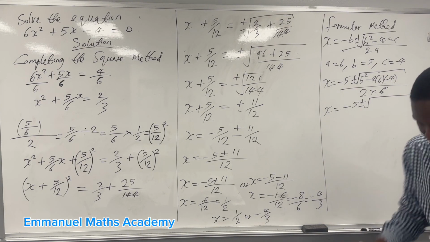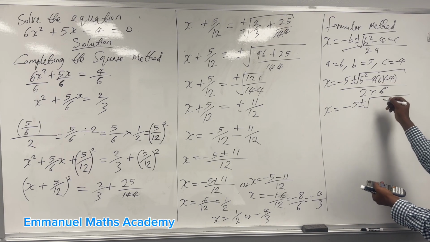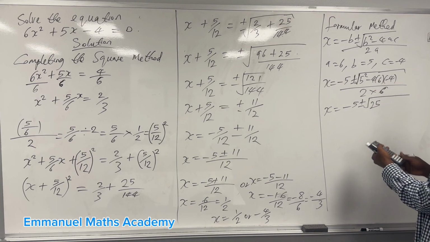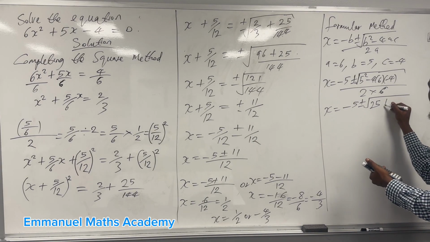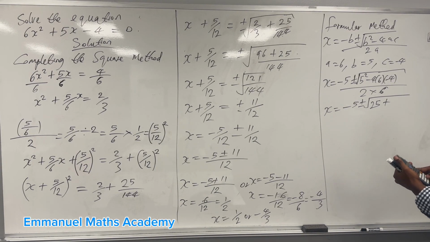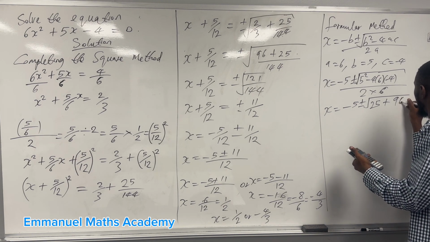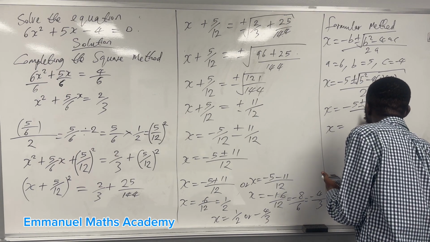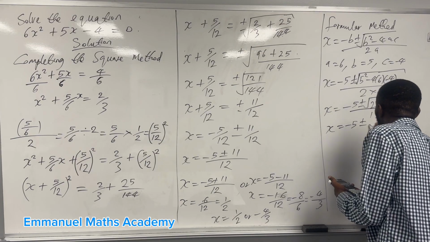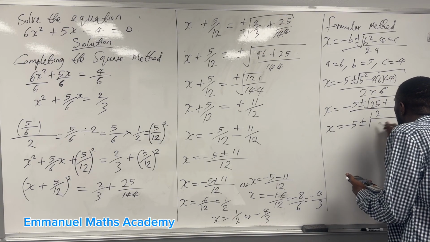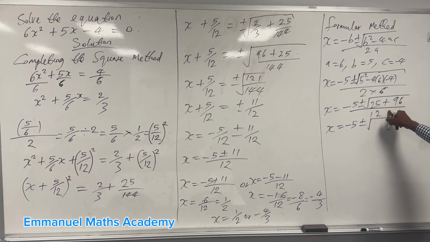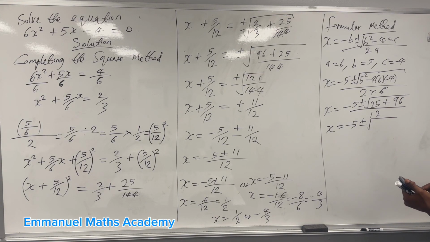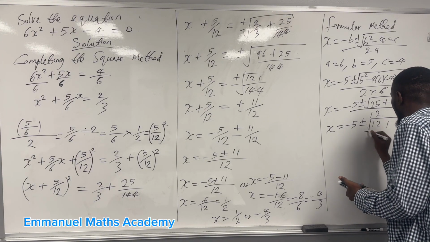So from this, 5 squared will give you 25. Minus times minus will give you plus. So 4 times 6 times 4 will give you 96, all over 12. X is equal to minus 5 plus or minus the square root of 25 plus 96, which will give you 121, all over 12.